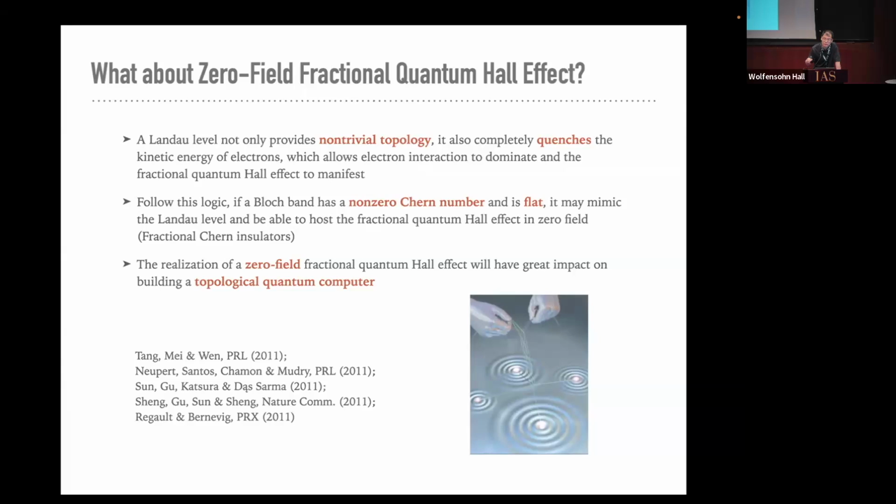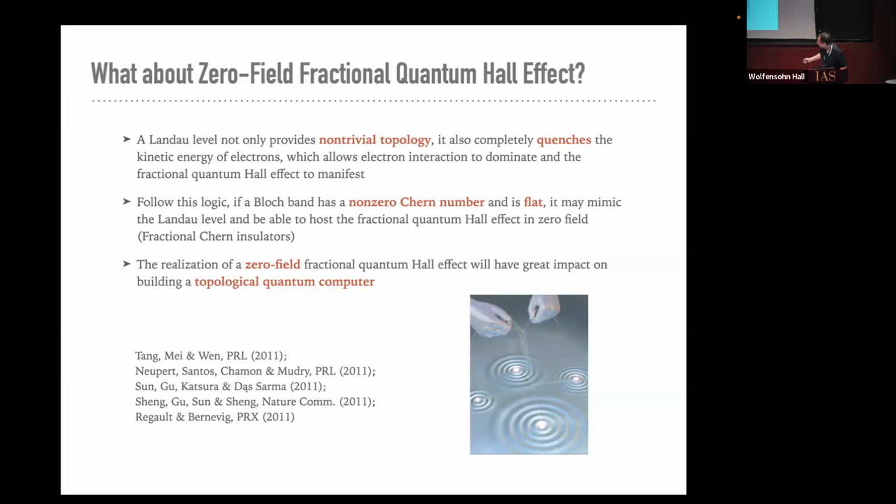Now, if you truly believe this kind of analogy between Bloch bands and Landau levels, then naturally, if you have Bloch bands with non-zero Chern number that are also flat, there's a possibility that they may mimic the Landau level and also be able to host the fractional quantum Hall effect at zero magnetic field.